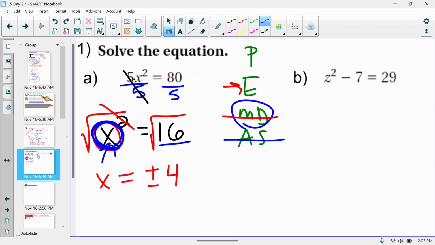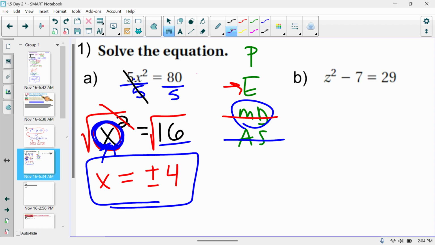But if I fill in negative 4 here, negative 4 squared also means negative 4 times negative 4, which is also 16. So when you're solving equations, there are now going to be 2 possible answers, because 4 times 4 is 16, but negative 4 times negative 4 is also 16 if we were to plug in our answer and check it, okay?